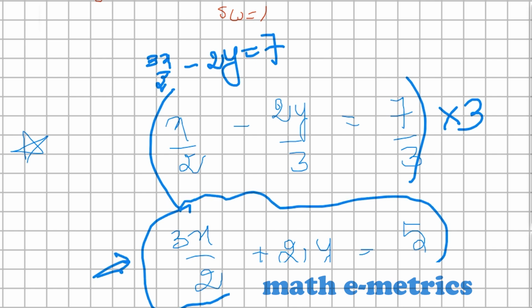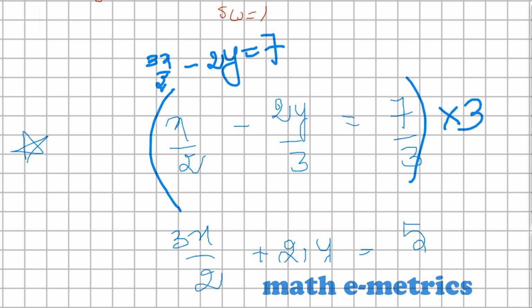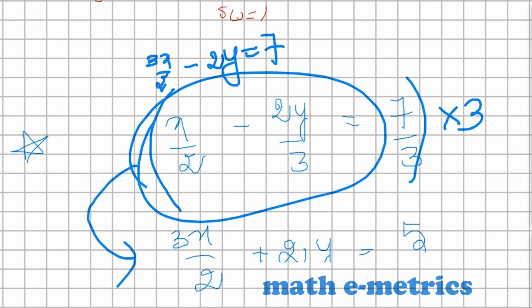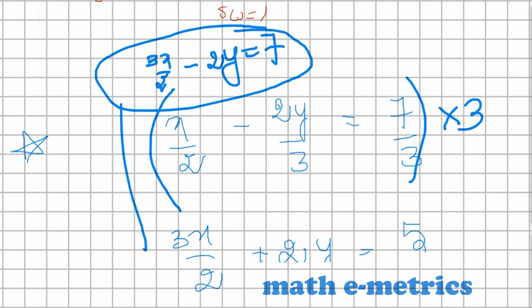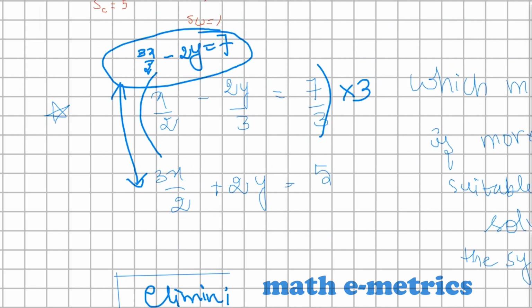Oh, it would be times 3, you're saying? So basically, this thing is times 3. Oh, okay. So then if you add these two equations, what will be eliminated? 3x divided by 2, minus 2y and plus 2y.